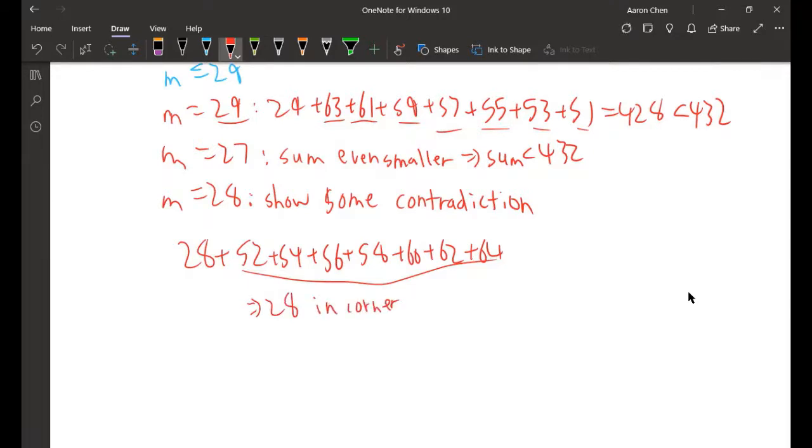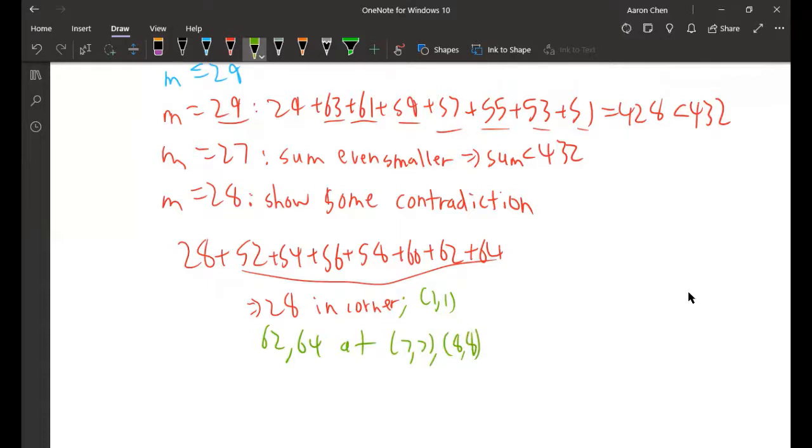And so without loss of generality, we can assume that this corner is at (1, 1). And so what that means is that 62 and 64 would be at (7, 7) and (8, 8), respectively.